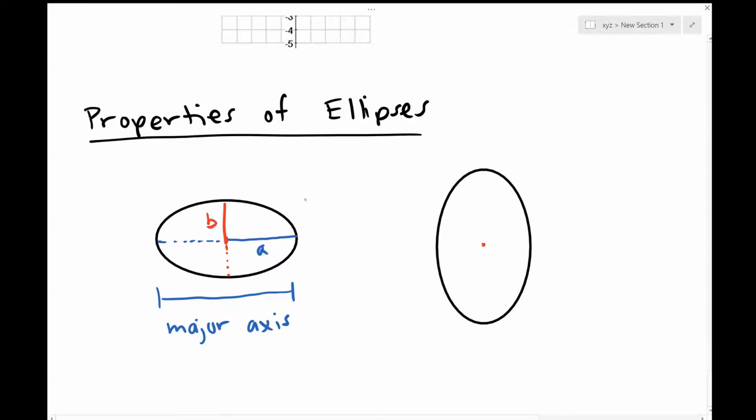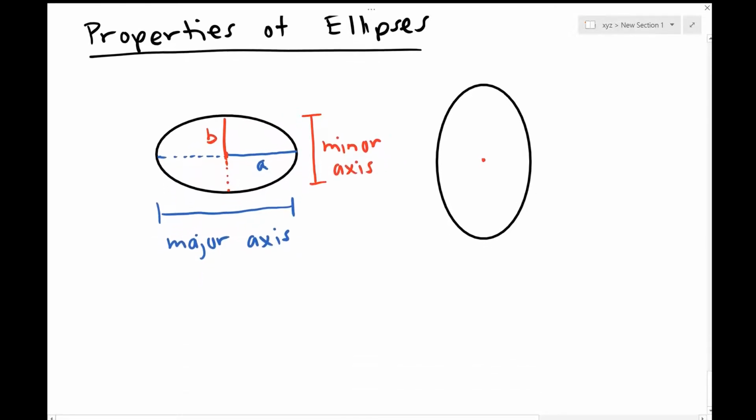And the vertical distance in this case would be the minor axis. And so for this first ellipse here, we can say that the length of the major axis is just going to be 2a, because all we're doing is taking the segment a and extending it in both directions, so we're doubling its length. And in a similar idea, the minor axis would have a length of 2b.